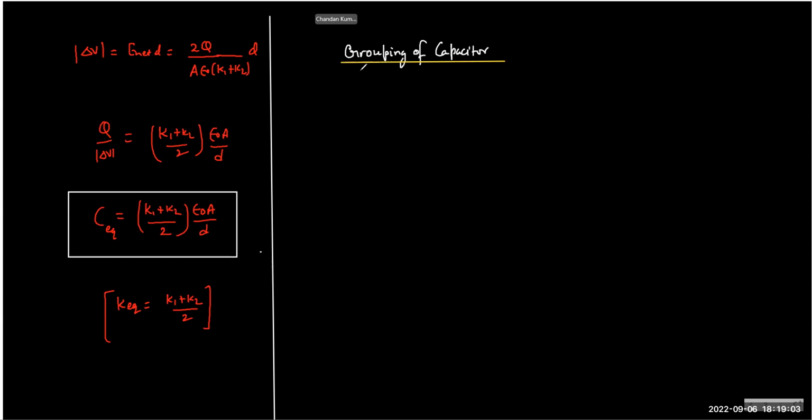Okay, so the first question is why we need to know the grouping of capacitors. Why is grouping required? Any idea? Try to increase the capacitance of the system.